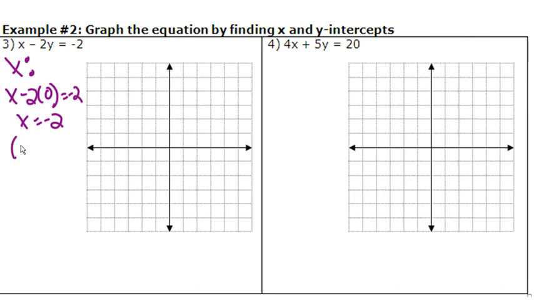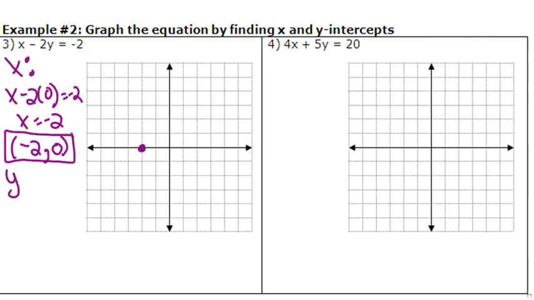So my x-intercept is negative 2, comma 0. That is one ordered pair. So I'm going to plot that on my graph. Negative 2, 0. So it's an x-intercept, so it's on the x-axis at negative 2.